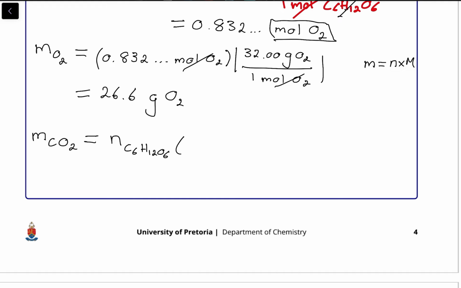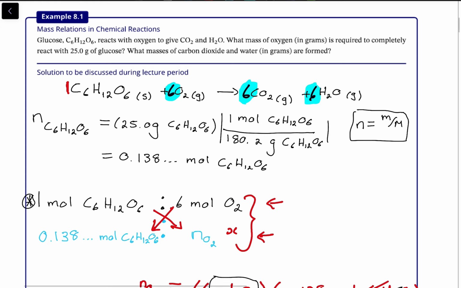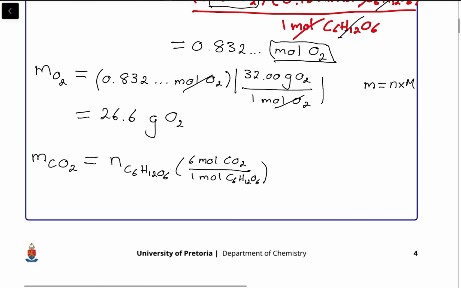So in other words, there would be 6 mole CO2, which forms for every 1 mole of C6H12O6 that reacts. Right? I got that from the chemical equation. So there is 6 mole of CO2 for every 1 mole of glucose.